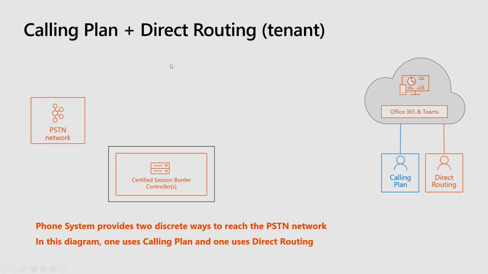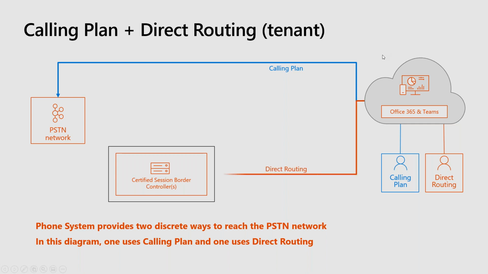Now, this is kind of interesting because there is a way to do calling plans and direct routing at the same time, which may be interesting for some scenarios. So in this case, we have a calling plan, and then users that want to do maybe domestic or maybe also international calling, they go to the PSTN network directly through Microsoft.